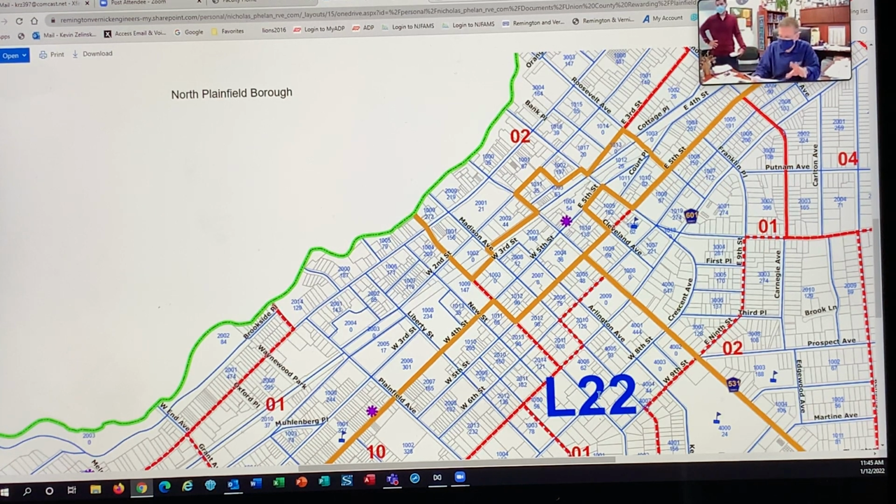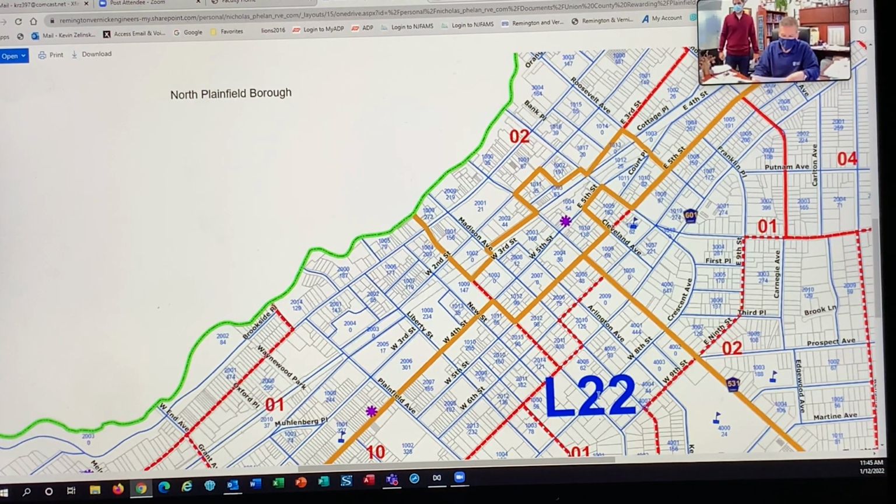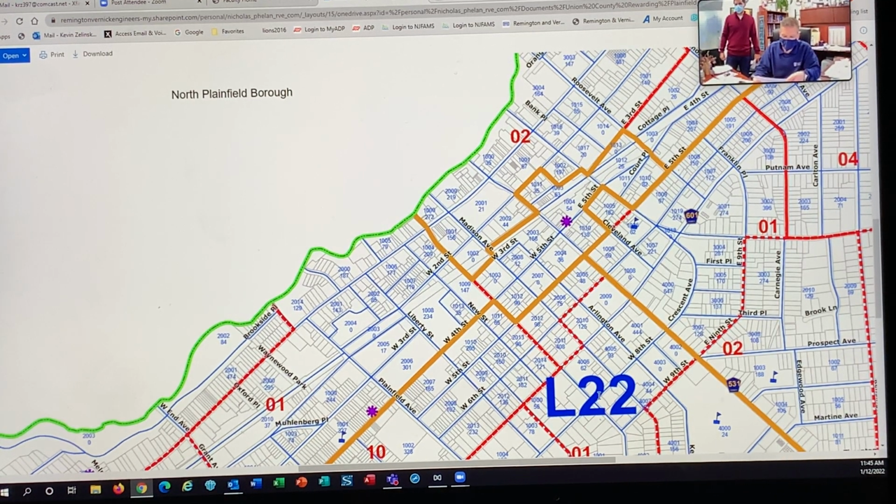This one achieves probably your best balance, although Ward 4 is still on the high side. But what we're looking to do is Ward 1, District 2, census blocks 1003, 1004, 1010 to 1013, 2003, 2004, 2007, which represents 708 in population, moving that to Ward 4.